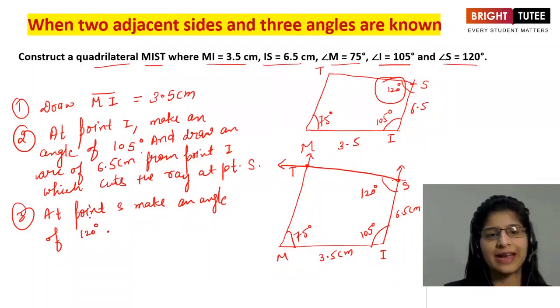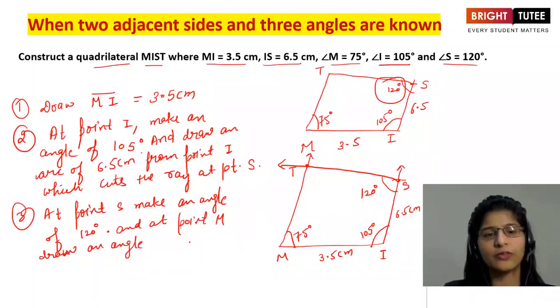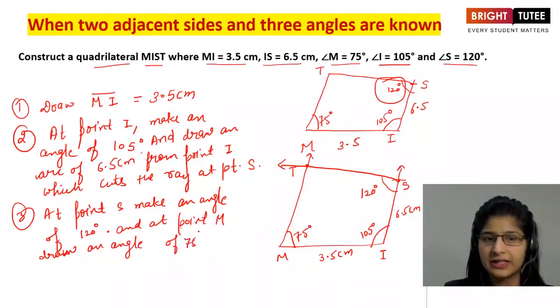So we have written: at point S, make an angle of 120 degrees, and at point M, draw an angle of 75 degrees.